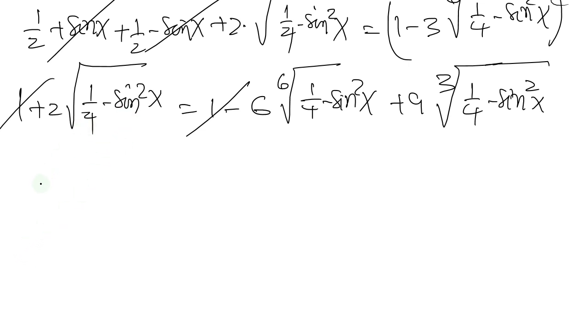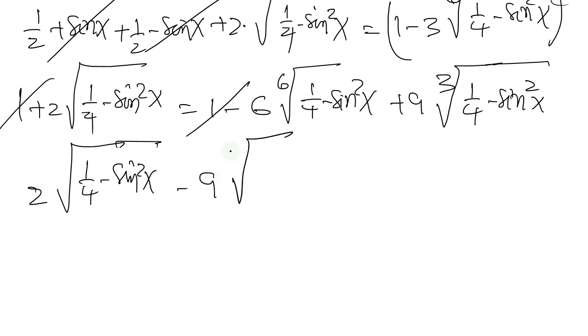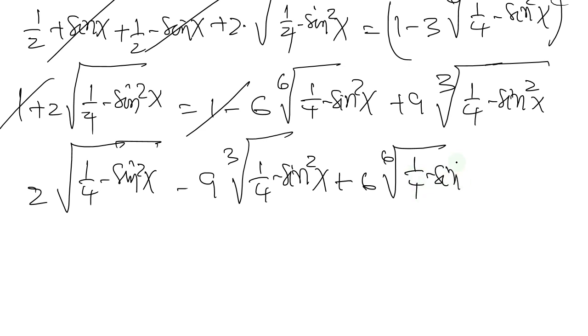So now I have 2 times 1 over the square root of 1/4 minus sine square of x, minus 9 times the cubic root of 1/4 minus sine square of x, plus 6 times the 6th root of 1/4 minus sine square of x, and this is equal to 0.